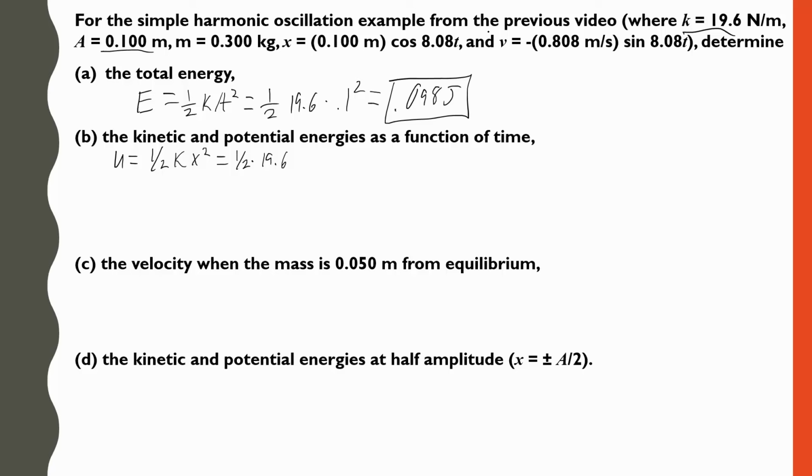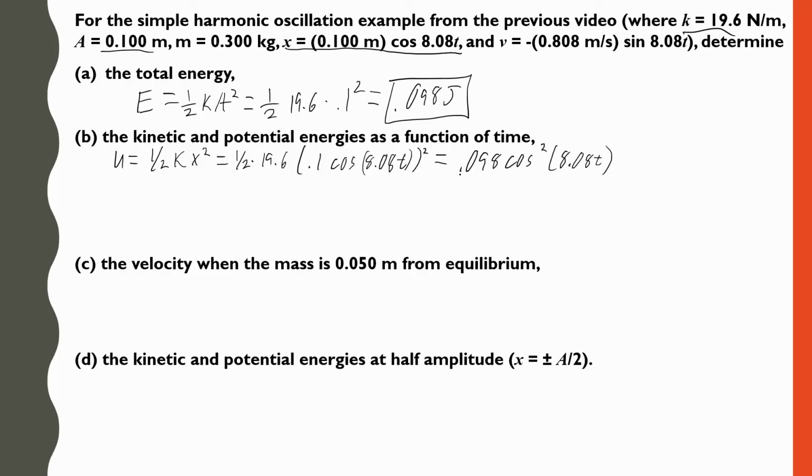Now, we've got x as a function of time, so if we plug that function in here, then we will have U as a function of time. So it's this whole function here, x equals 0.1 times cosine of 8.08 times t, and that whole thing is squared, which works out to be 0.098 times cosine squared of 8.08t.